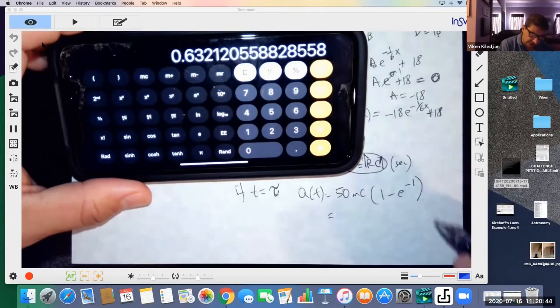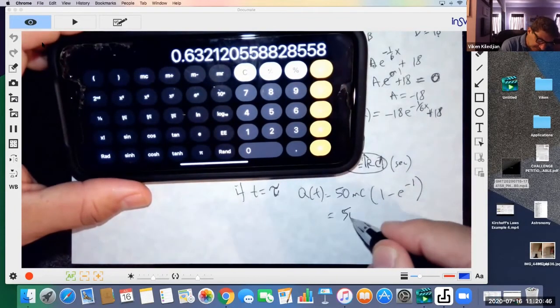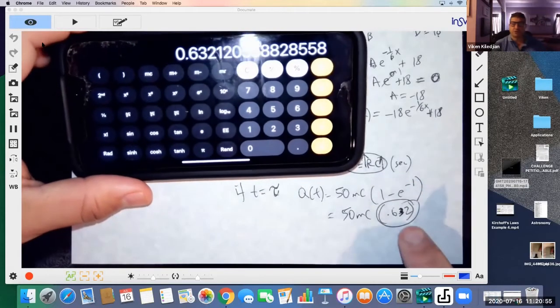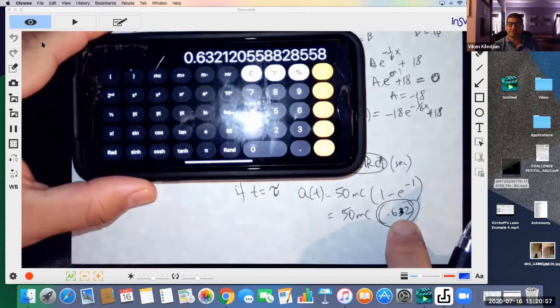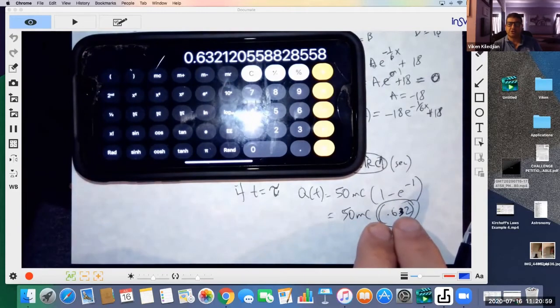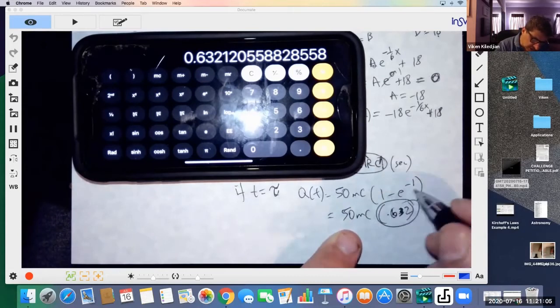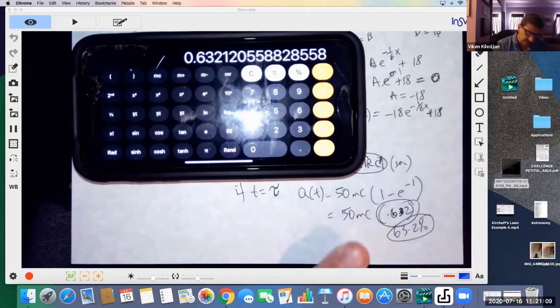Okay, yeah, so this thing comes out to be 0.632. So within one time constant, the charge will build up to 63% of its maximum value. So this thing comes out to be 63.2%. So that's a characteristic time for an RC circuit.